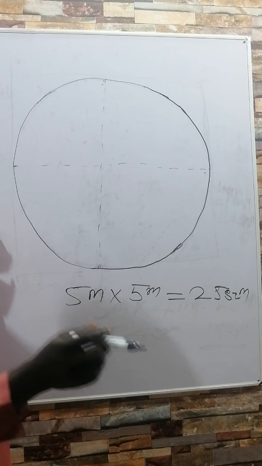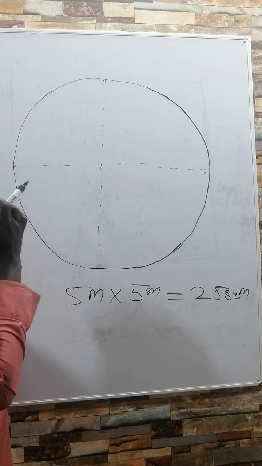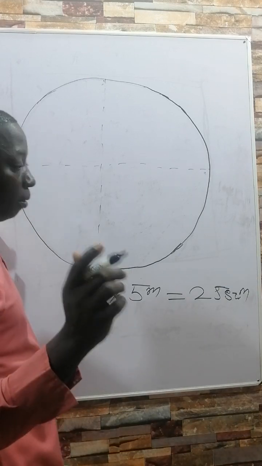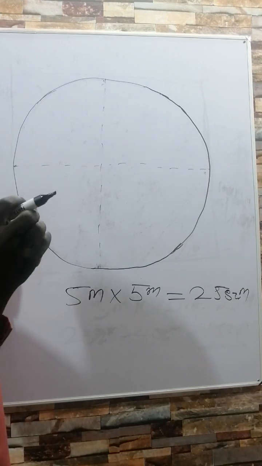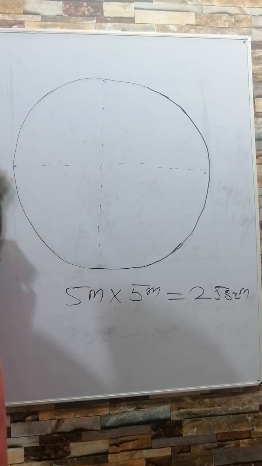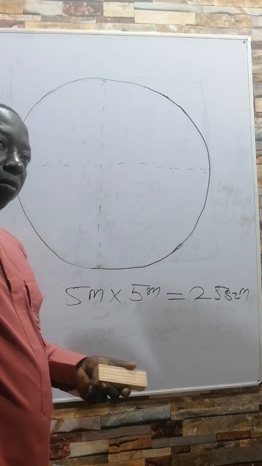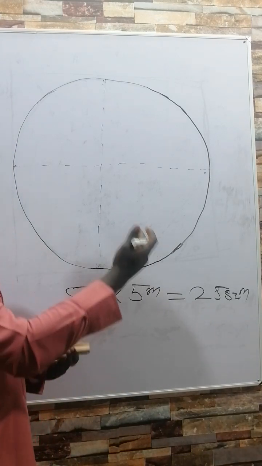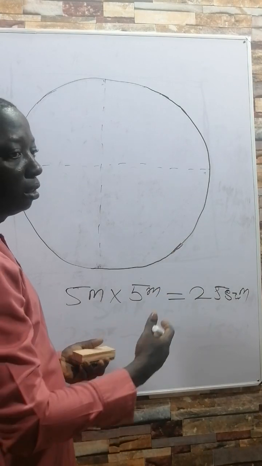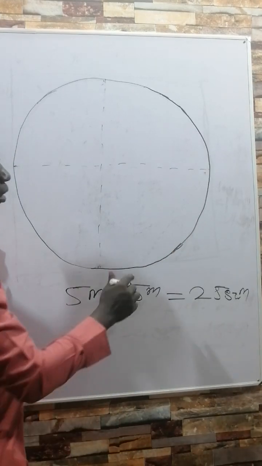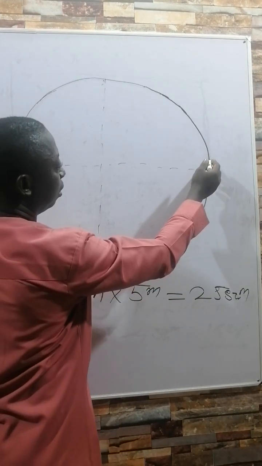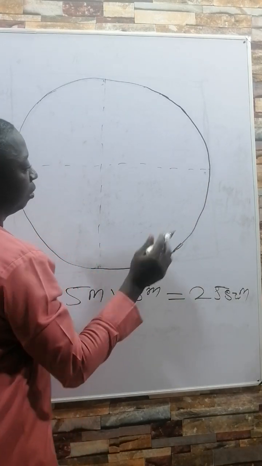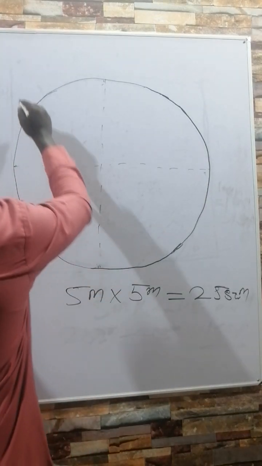But in a place where we have some cutting to do, for instance, you are doing tiling or something where you need to cut off some areas to get your measurements, you're going to consider this area. Let me show you.